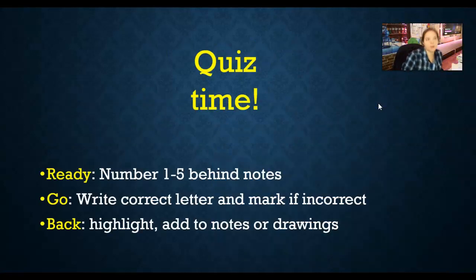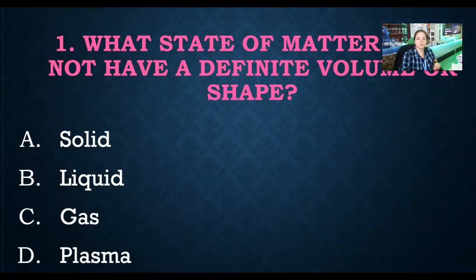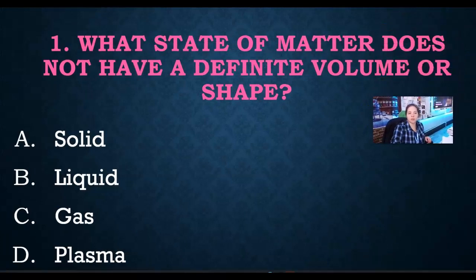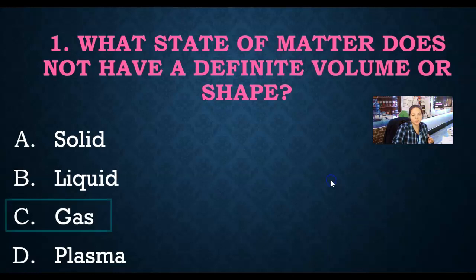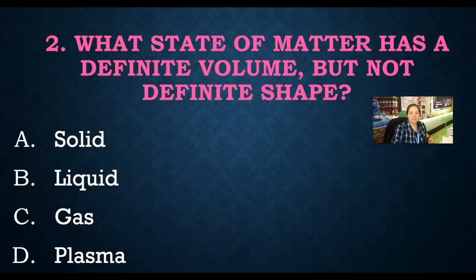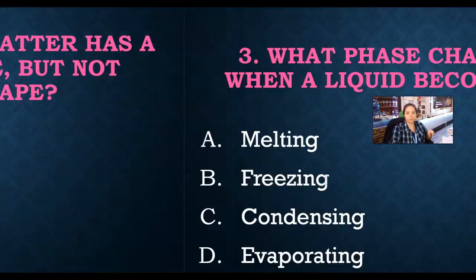All right, quiz time. I would do states of matter, 1, 2, 3, 4, 5. What is the state of matter that does not have a definite volume or shape? It's a gas. What is the state of matter that has a definite volume but not a definite shape? This one's a liquid.